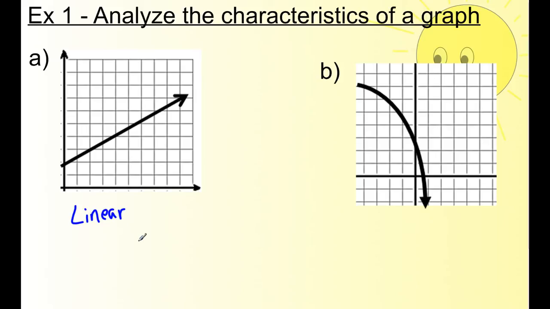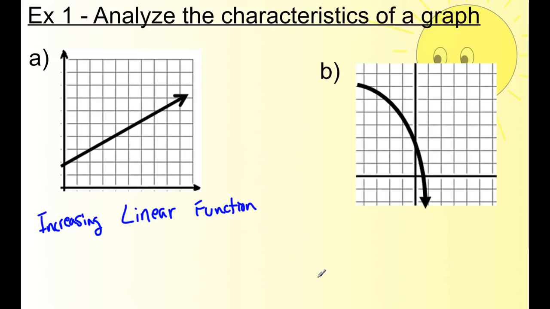Is it decreasing? Is it remaining constant? Basically, we're talking about the slope. Is the slope positive? Is the slope negative? Is the slope 0? This guy has a positive slope, so it is increasing. So this is an increasing linear function.